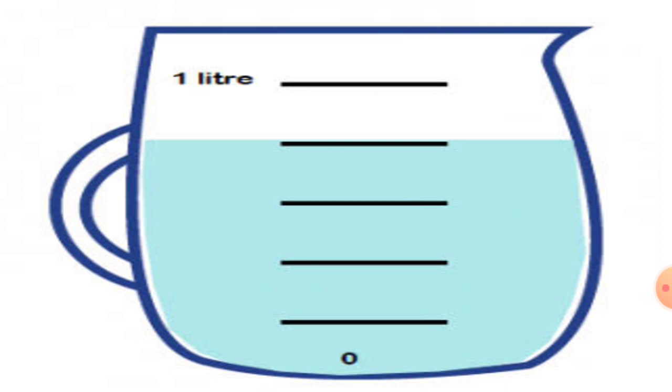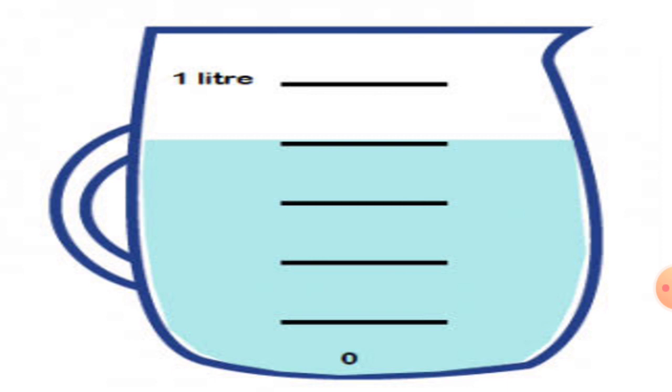Now from the bottom of this jug to the first line is 200 milliliters. From that first line to the second one is another 200 milliliters, making it 400 milliliters. From the second line to the third line, you have another what? 200 milliliters.